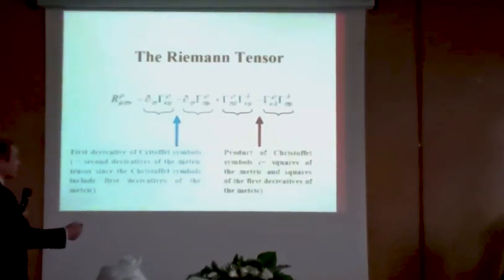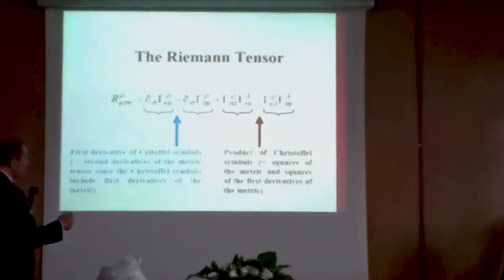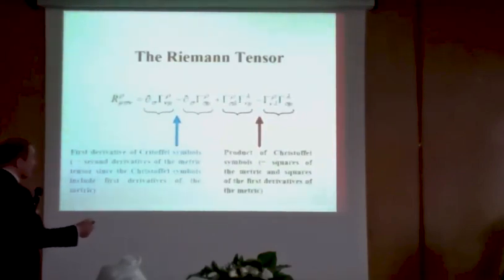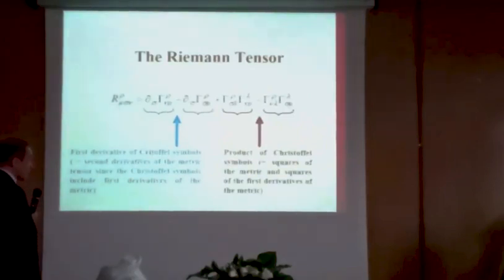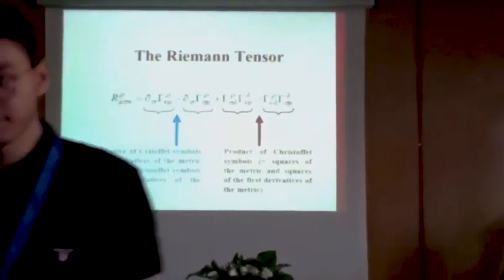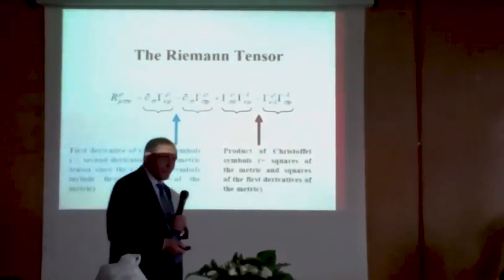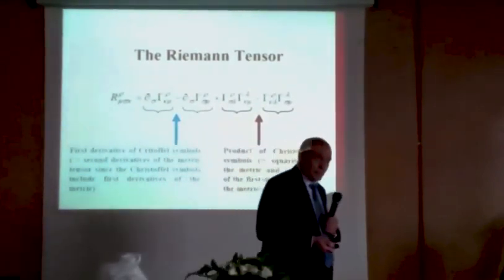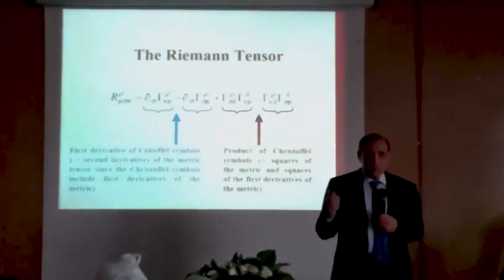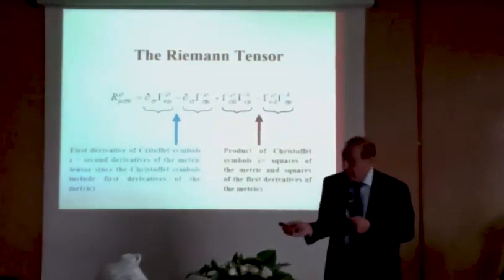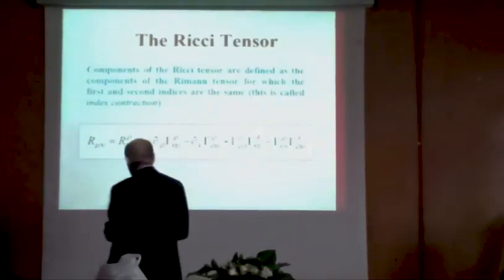And on this side I have the product of Christoffel symbols. So I have the difference between the derivatives of Christoffel symbols, and here the product of Christoffel symbols. We will see more. This is an equation. What does that mean in reality? I will explain in a coming part.